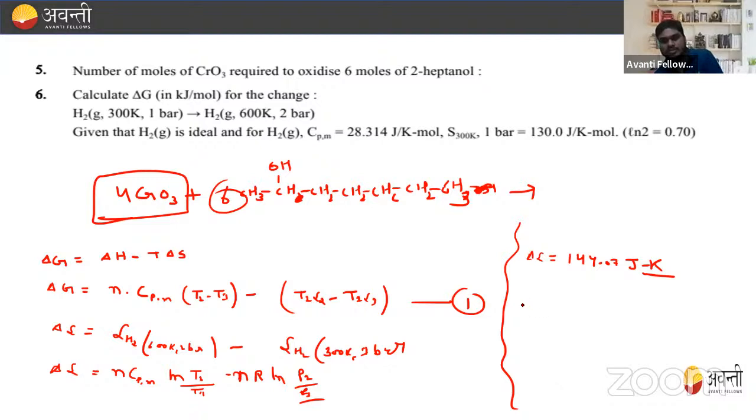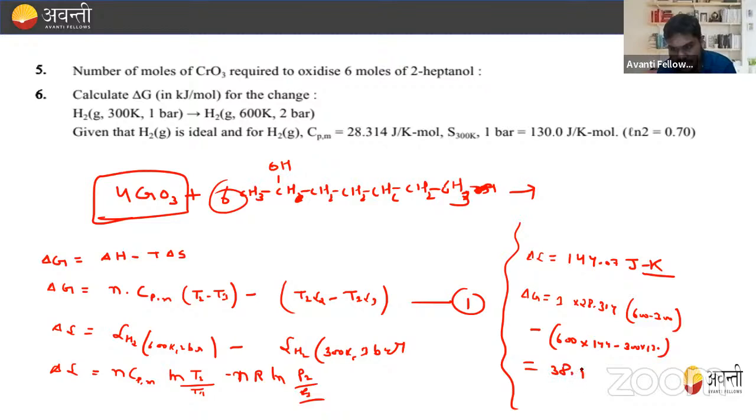Now just put the value in equation 1, that is delta G. What is delta H here? 1 times 28.314 times the temperature difference, 600 minus 300, minus the entropy term, that is 600 into 144 minus 300 into 130, right? So on solving, you'll get 38.90. This is in kilojoule per mole. So 38.90 is the correct answer for this question, right?